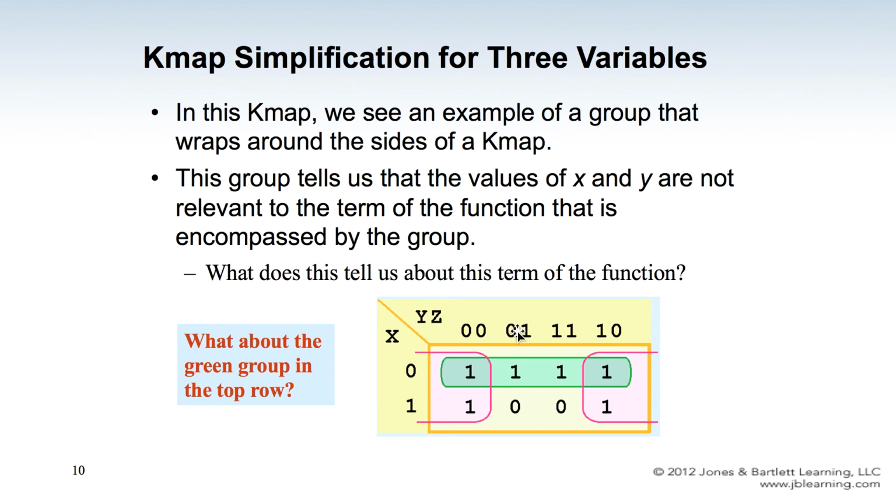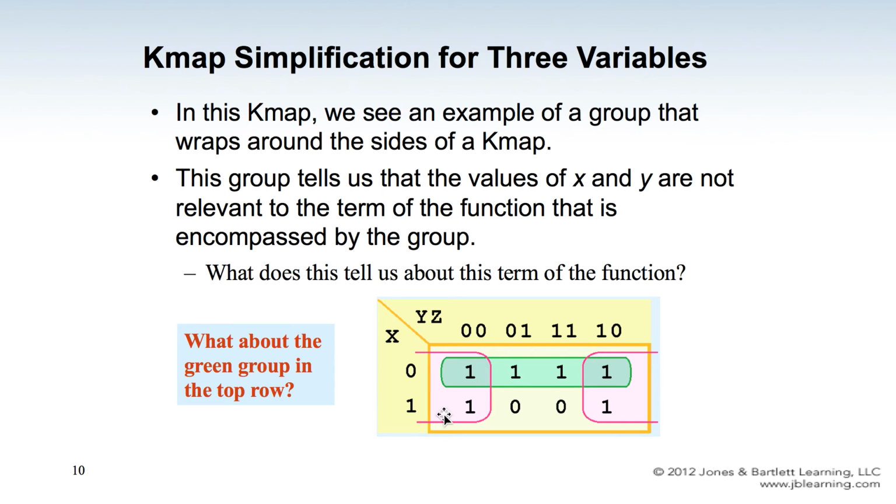As we discussed before, if in one group the value of a variable is changing, we can drop it from the simplified representation. Or we can say that if the value of the variable is changing, it does not impact the output of the function, so we can drop it.